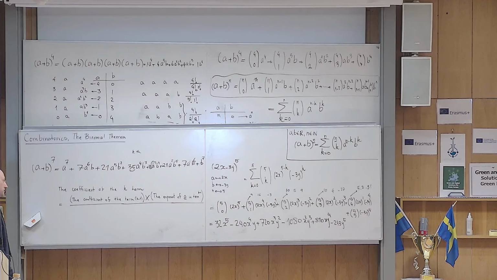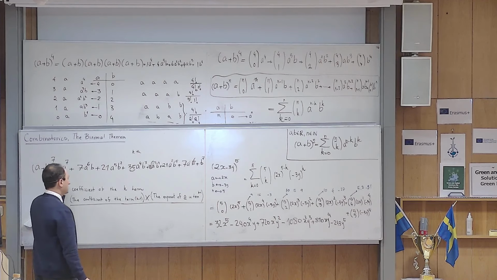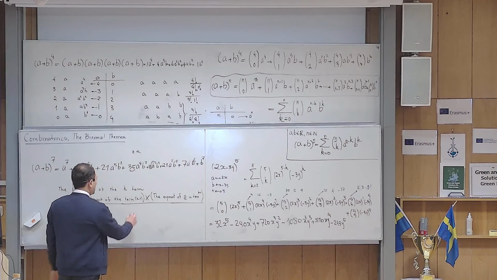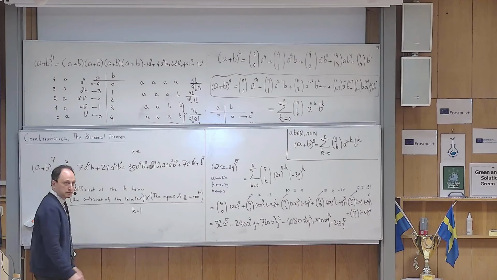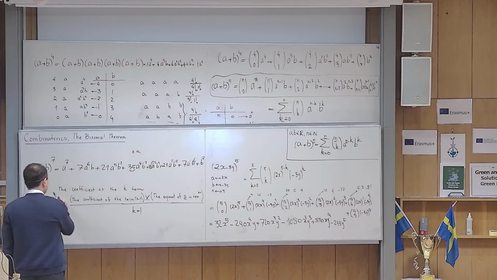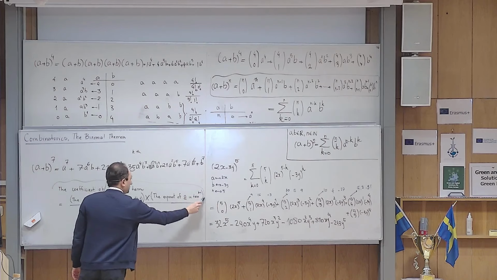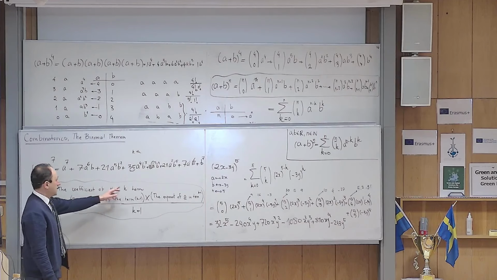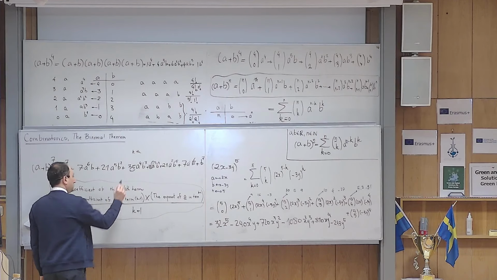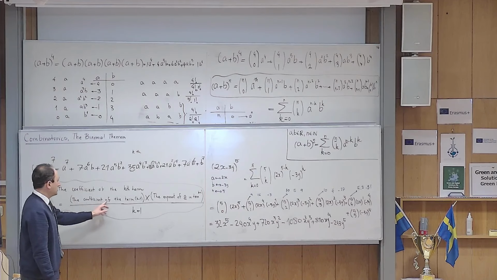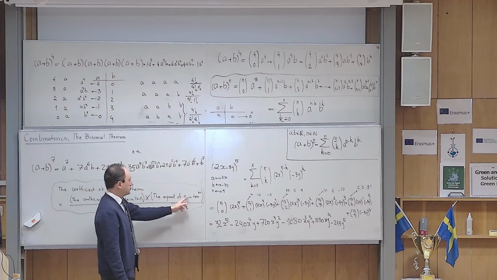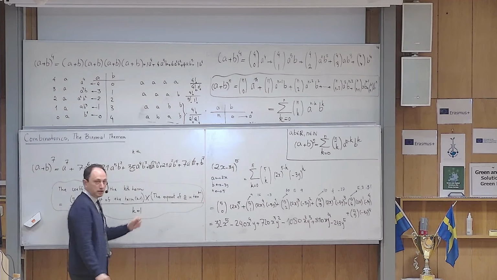Written before that, yes? So if I am interested in the 4th term, I have to divide by 3. If I am interested in the 5th term, I have to divide by 4. So I have to divide by k minus 1. So this is the claim that I am using. I am saying that the coefficient of the kth term is equal to the coefficient of the term k minus 1 multiplied by the exponent of a in term k minus 1 divided by k minus 1.